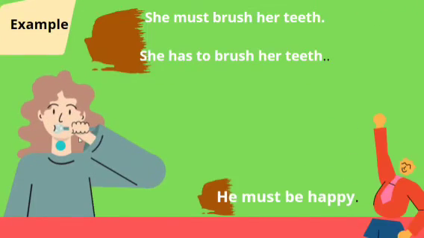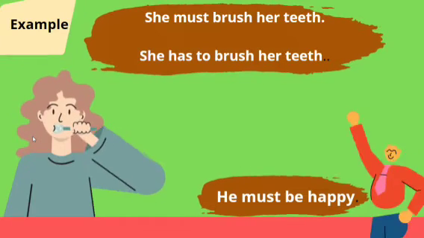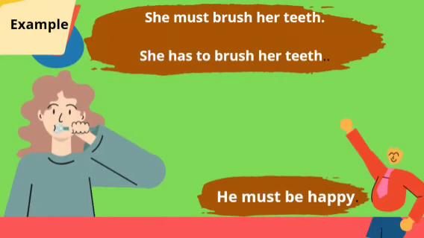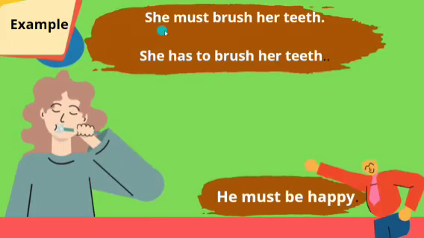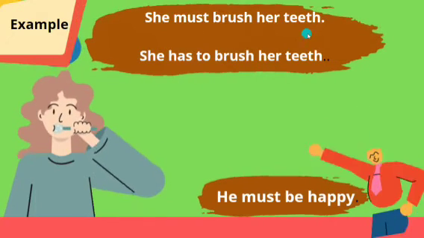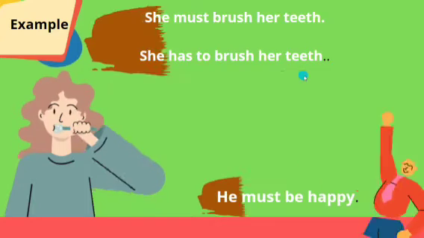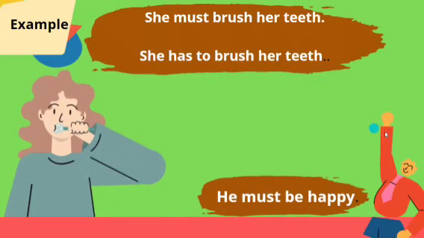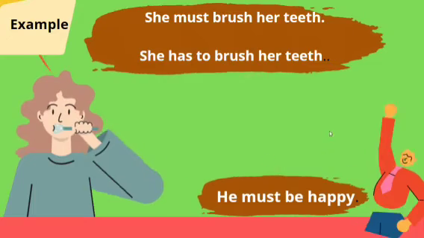There is a man. The man looks so happy, ya. And then we make the sentence, he must be happy. Kenapa ada be di sini? Karena happy bukan kata kerja. Happy adalah kata sifat yang berarti senang. Jadi ingat ya, kalau verbal sentence kalian gunakan kata kerja, kalau nominal sentence kalian tidak menggunakan kata kerja. Okay?